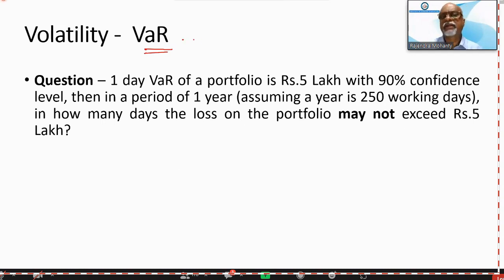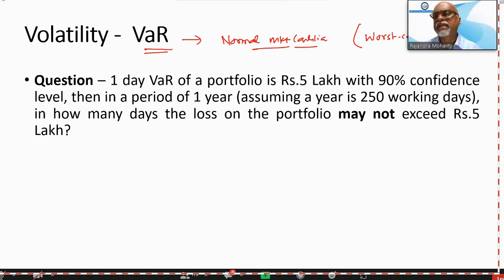The only limitation of VAR, as I told you, is that VAR works under normal trading condition. That is the only drawback or limitation. If the market is behaving erratically, that erratic market behavior is called a worst case scenario.